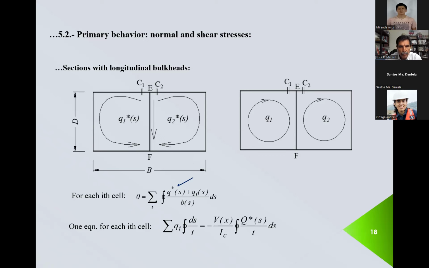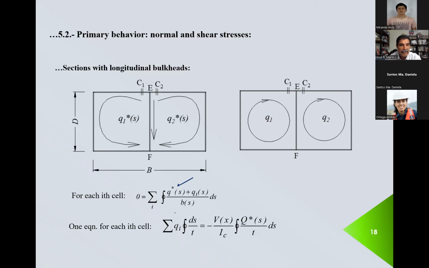Here, Q star is equal to V over I sub C, but that is constant, so we can take them outside. And the rest is here. I put it on the right-hand side, that's why I have the negative sign here.